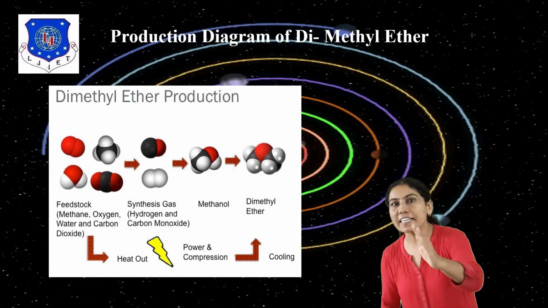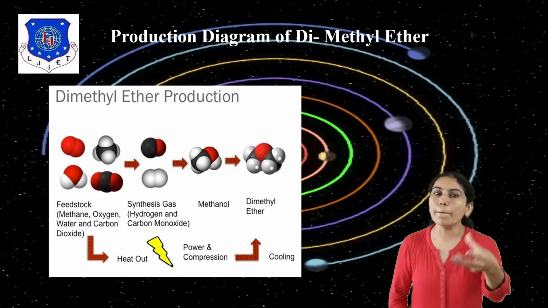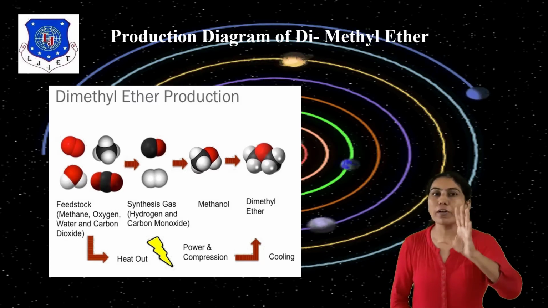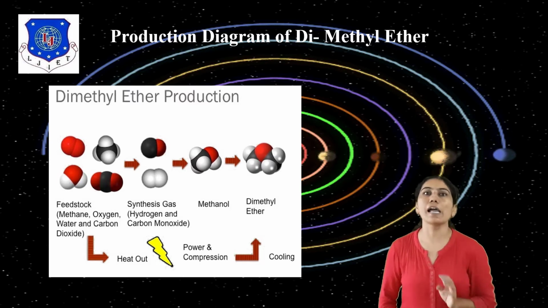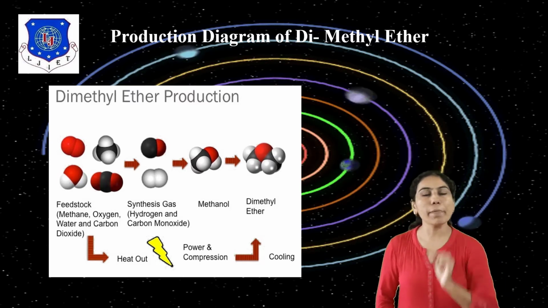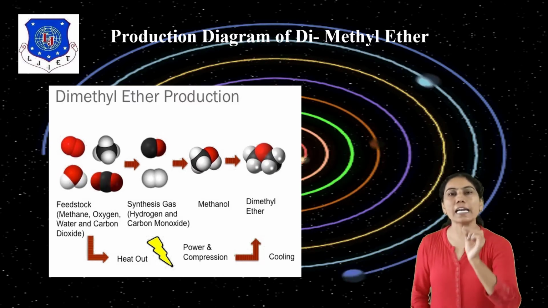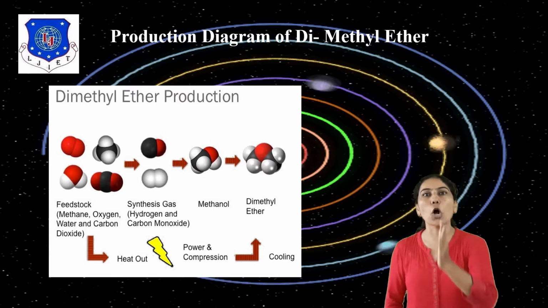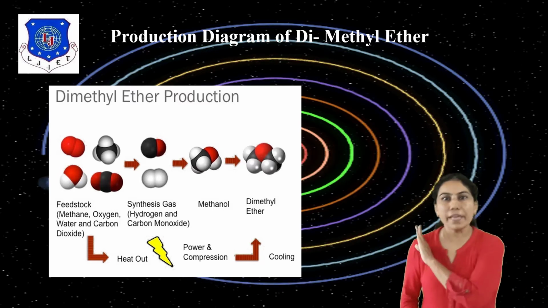Then heat is removed, power is compression, and after cooling you can convert to dimethyl ether. This is a simple production process diagram of dimethyl ether. The short form is DME.